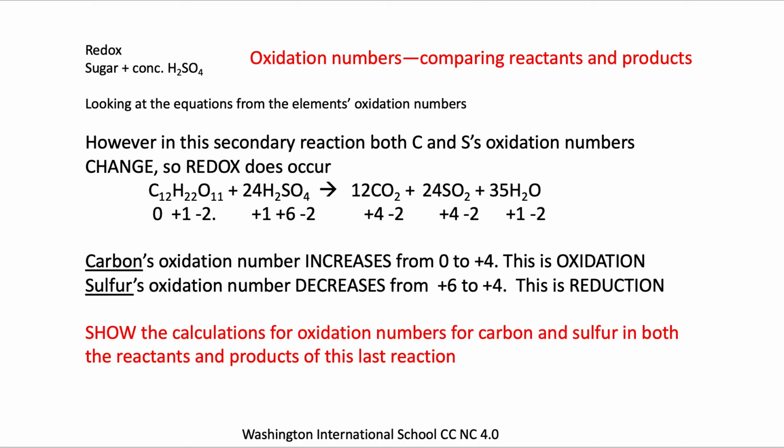Sulfur starts off as +6 in the sulfuric acid, same as in the lead sulfate example we did earlier, and it decreases to +4 in the sulfur dioxide product. That is reduction. Now just pause here and show where sulfur and carbon's oxidation numbers come from, knowing that the sum of the compound is 0, and assuming you don't know sulfur's, you don't know carbon's, just to confirm it.